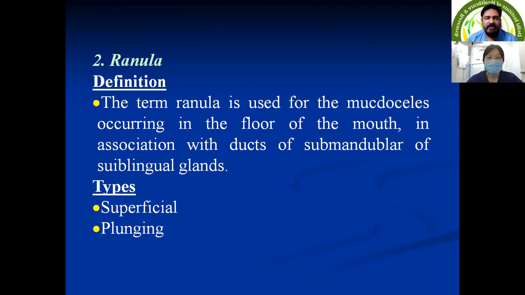Ranula. Definition: the term ranula is used for the mucoceles occurring in the floor of mouth in association with the ducts of the submandibular or sublingual glands. Sublingual swellings in the floor of mouth. Types: superficial and plunging.